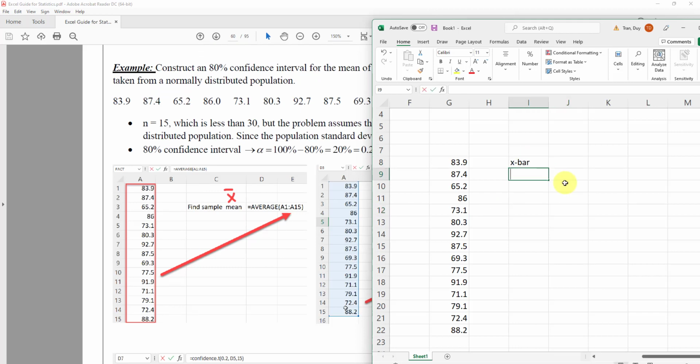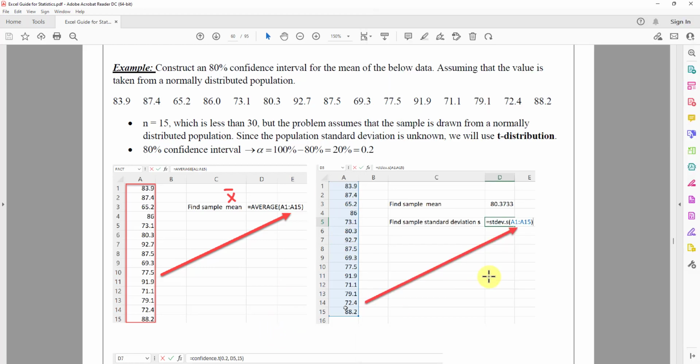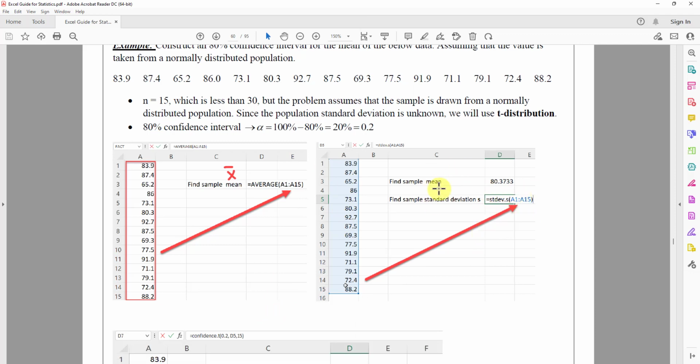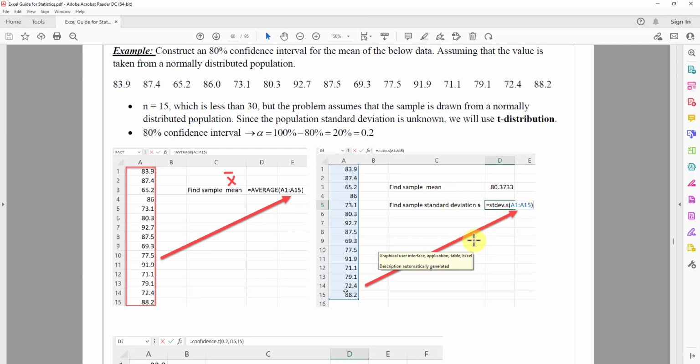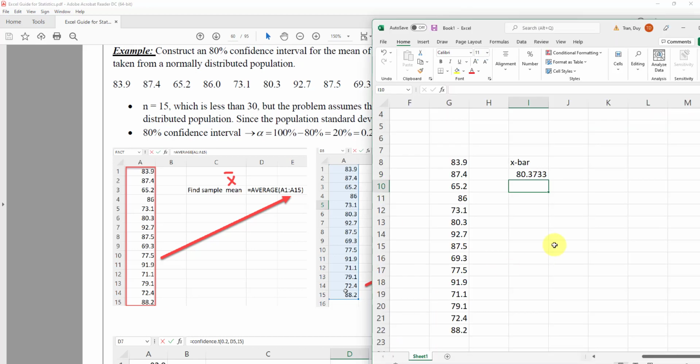So to find x bar, I press equal and I use the average function. That is the mean. I drag over the values and close it. So my mean is 80.37. Now I need to find the s value, the sample standard deviation, because I need that as well.